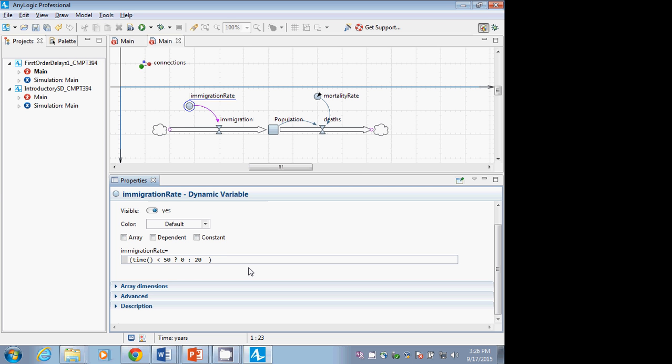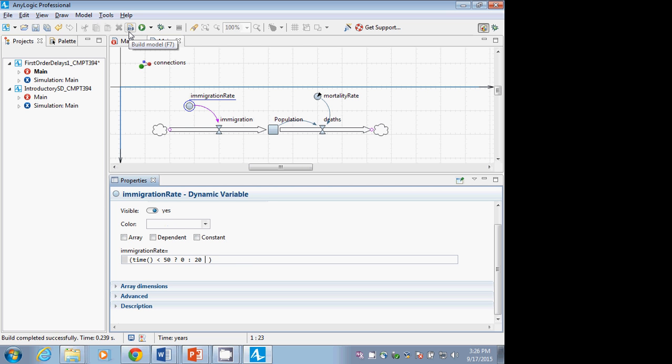So let me phrase that again. It's time less than 50. If so, use 0. Otherwise, use 20. And I put the whole thing in parens. Make it a little bit clear. Okay? Are people comfortable with that?